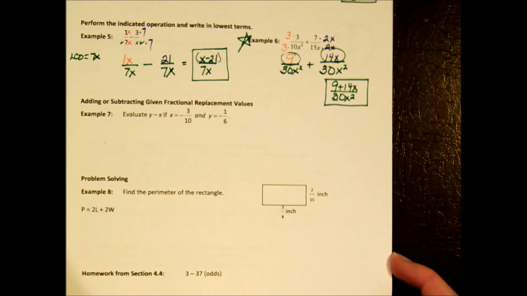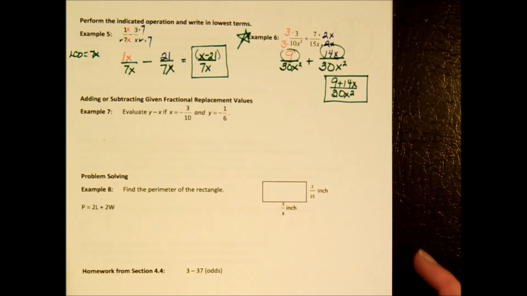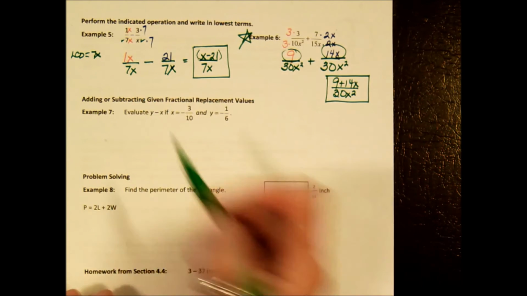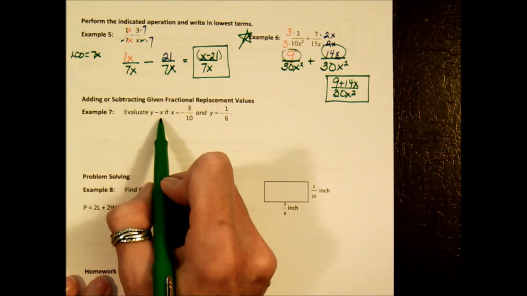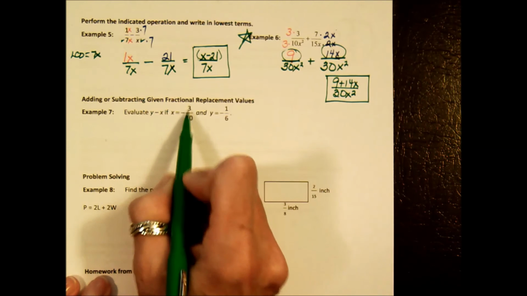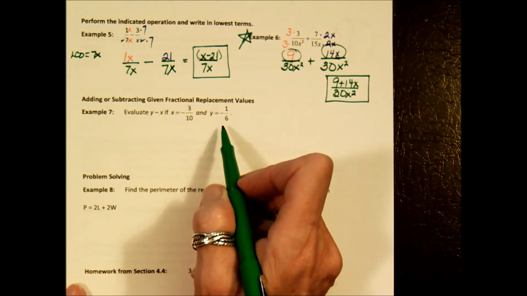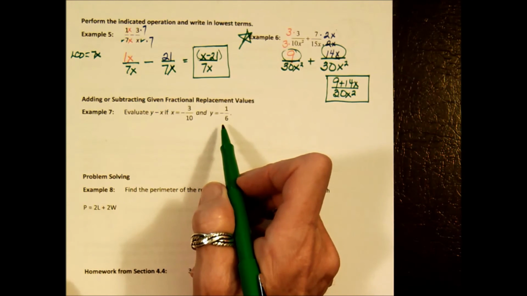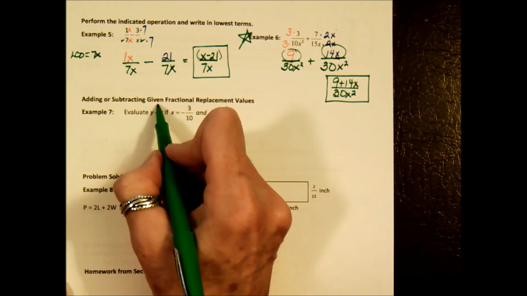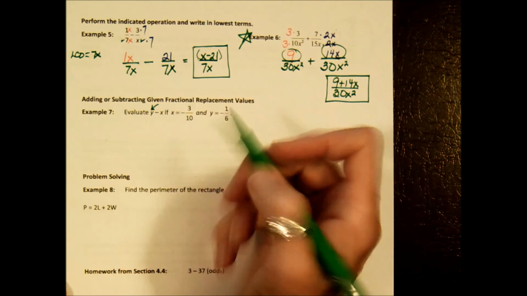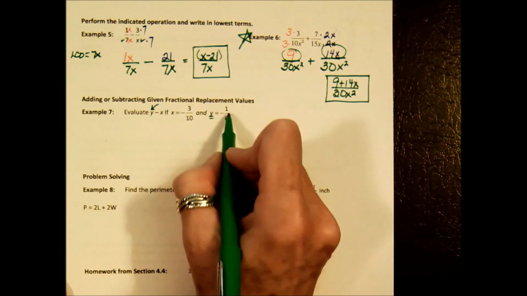All right, let's look at an evaluate problem. It says evaluate y minus x if x is -3/10 and y is -1/6. The thing that's hard about this is the signs. You have to be so careful. So here I'm going to take out the y and I'm going to put in its replacement, -1/6.